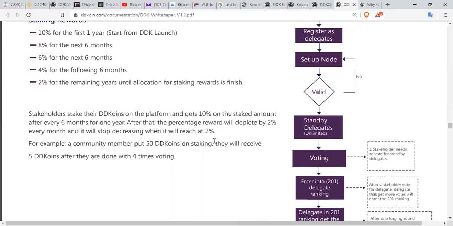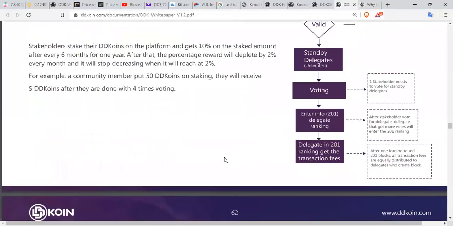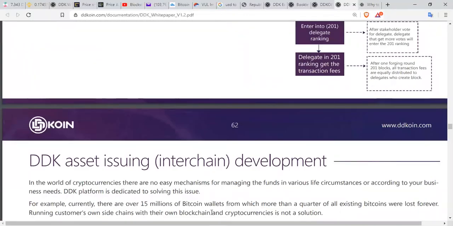So yung mga bagong stakeholders, huwag kayong malungkot that the staking rewards will be reduced by 2% every 6 months. If you reduce the supply, so pwedeng mag-increase naman yung price ng DDK, and that would be a win-win situation for all the stakeholders. Okay? So I hope you understand that.